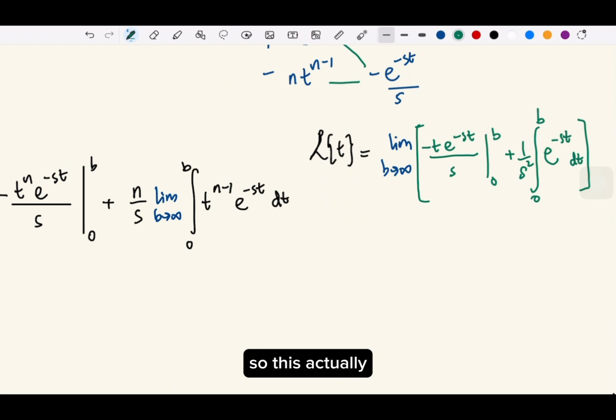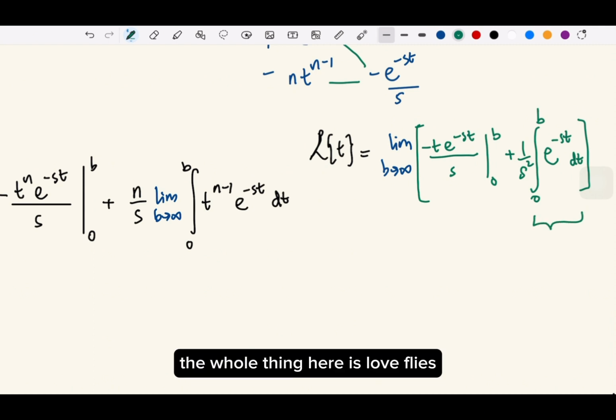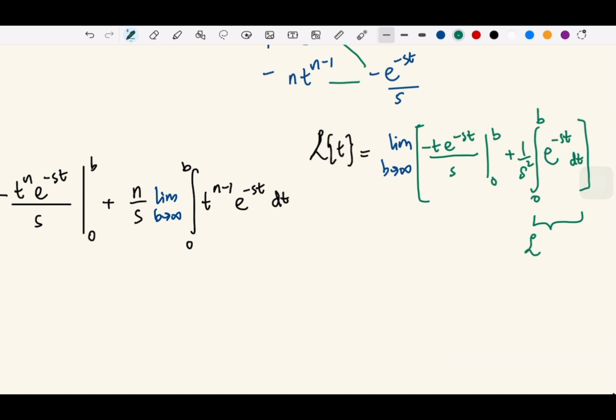So actually the whole thing here is Laplace of 1.